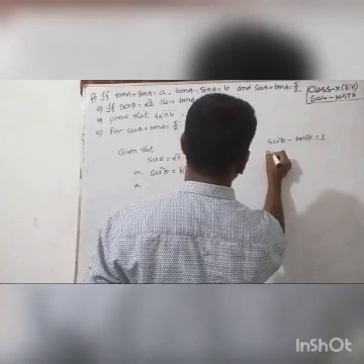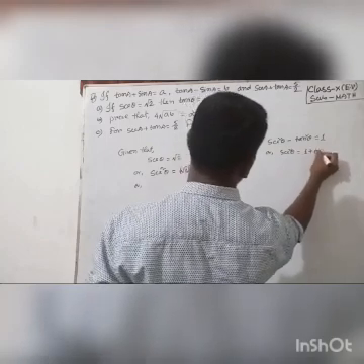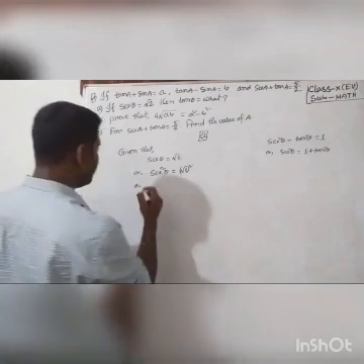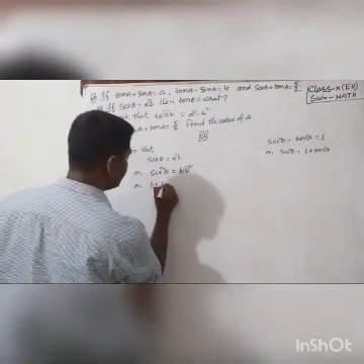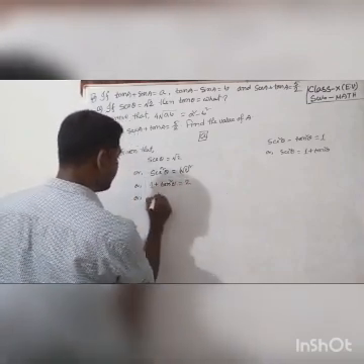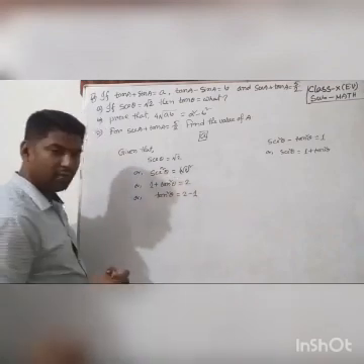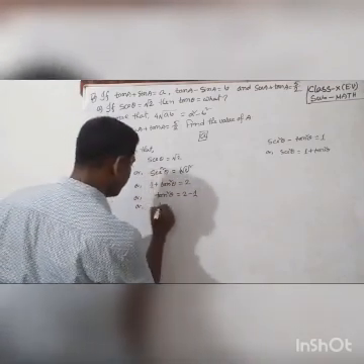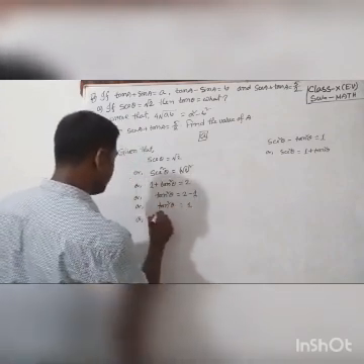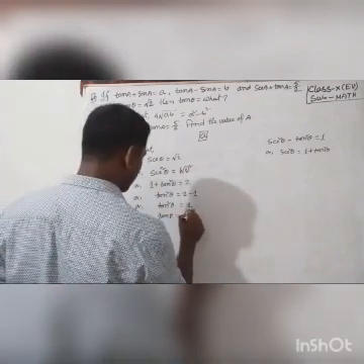Okay, so we can write sec square theta equal 1 plus tan square theta. We can write 1 plus tan square theta equal 2, or tan square theta equal 2 minus 1, or tan square theta equal 1, or tan theta equal root over 1.